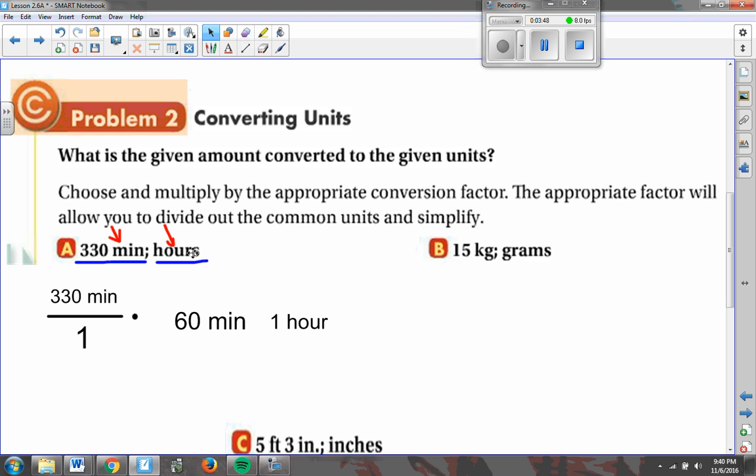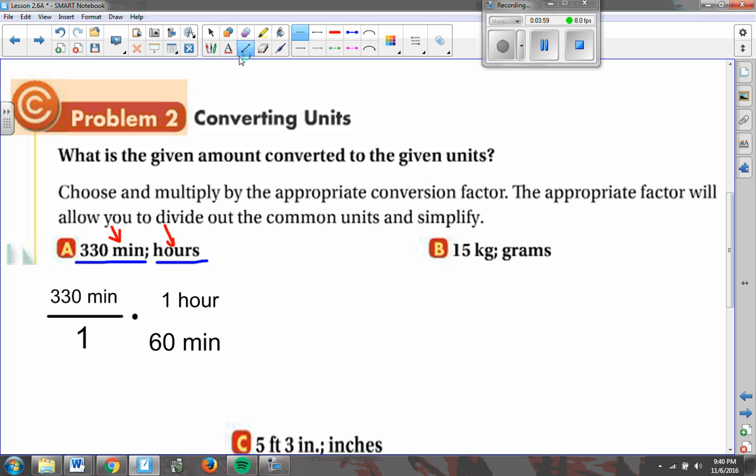So when the unit that you're trying to get rid of is on the top, that same unit has to go on the bottom of your conversion fraction, because now, if we look at these two fractions, when we multiply them together, we can actually cancel out the minutes.